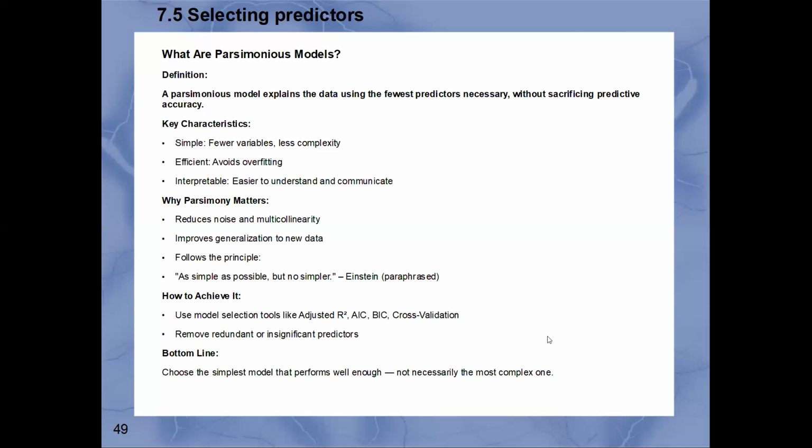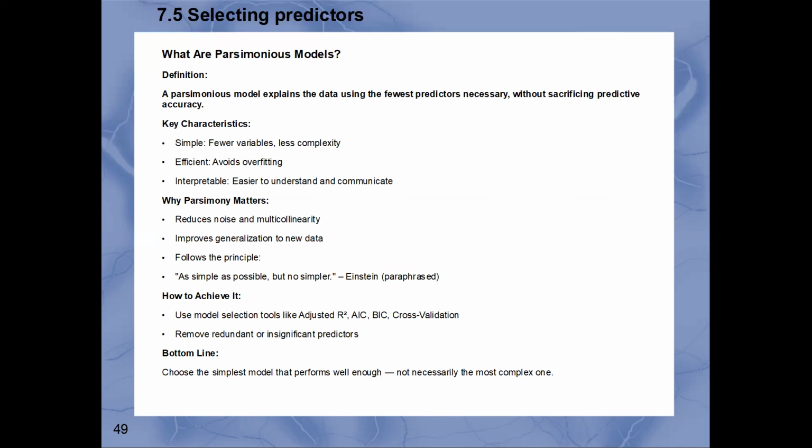So if we look at parsimonious models, it's a model that explains the data using the fewest predictors necessary without sacrificing accuracy. So the key characteristics are: it's simple, with a few variables and less complexity. It's efficient, it avoids overfitting, and it's interpretable, so it's easier to understand and communicate.